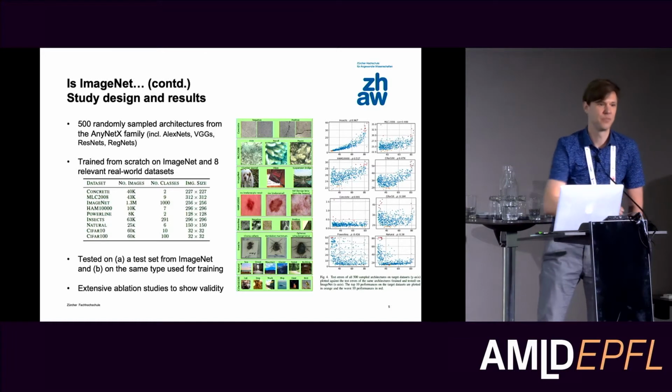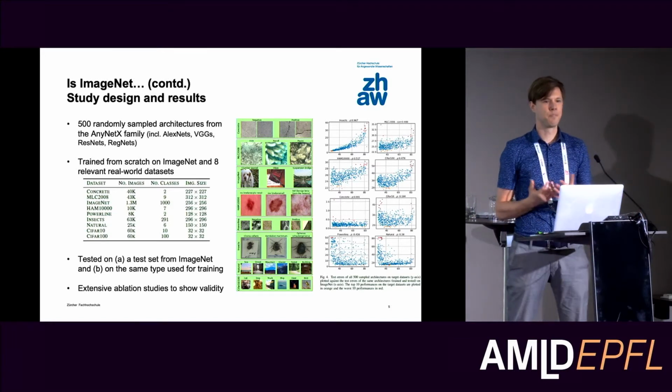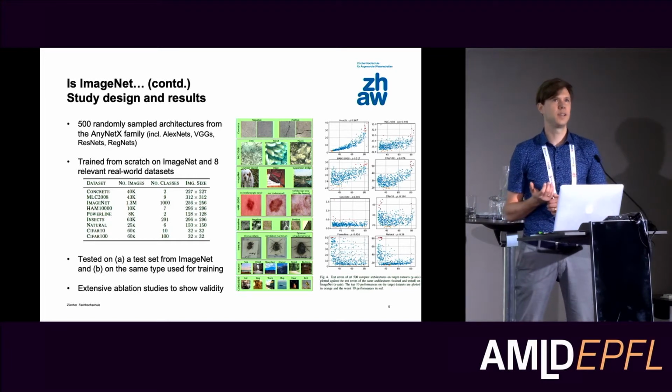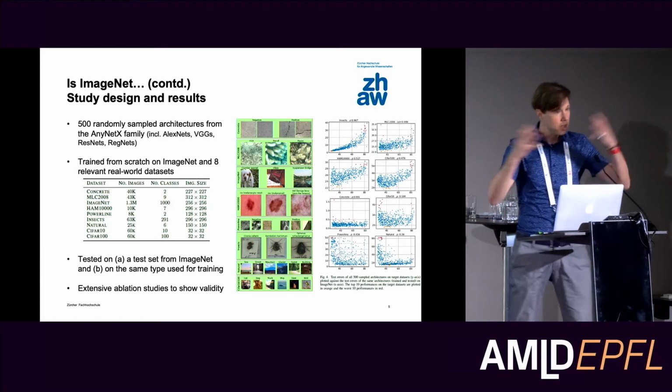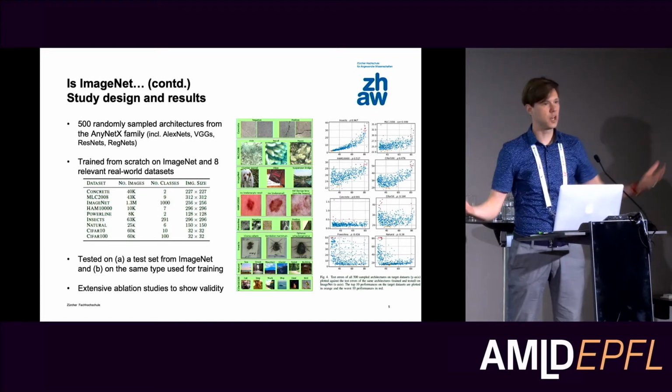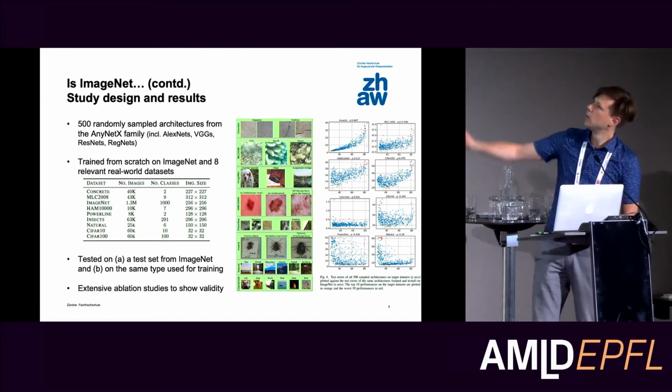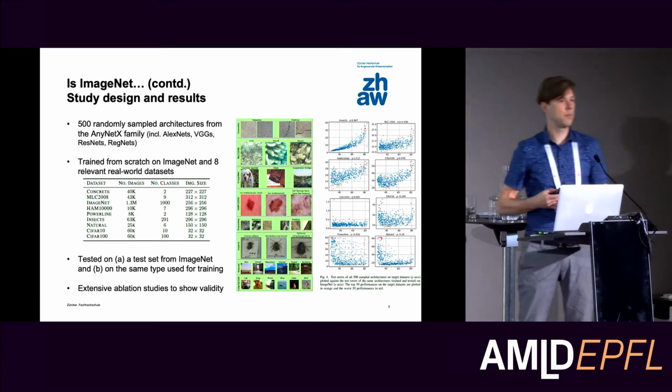What did we do? We adopted an experimental setting that became quite famous in the last few years, namely randomly generating a couple of hundred neural network architectures, and see how they fare on different tasks. What we did, we took the AnyNetX family of networks.